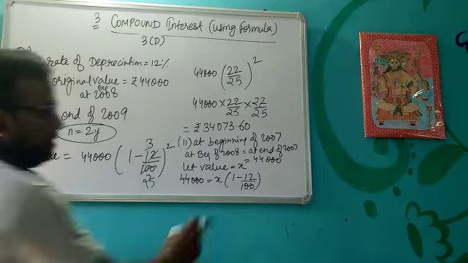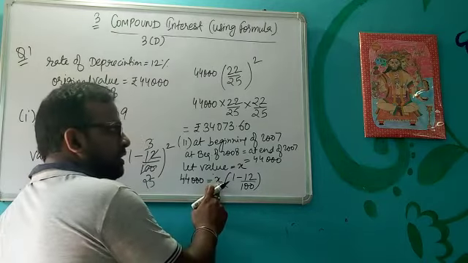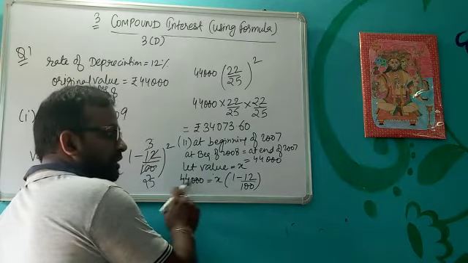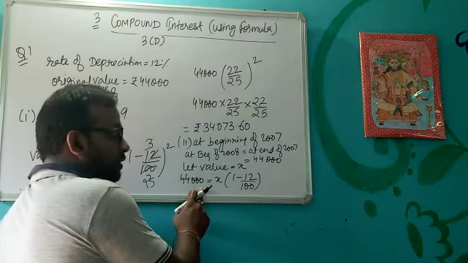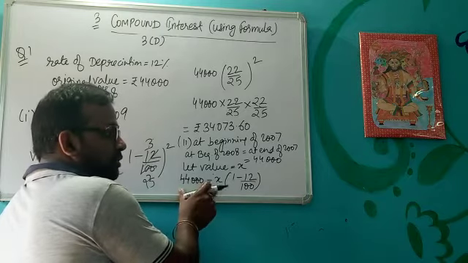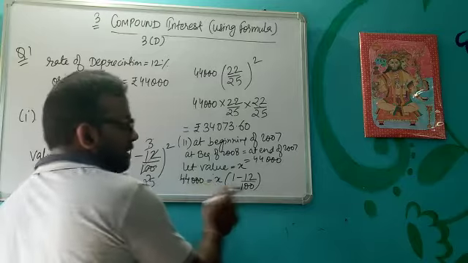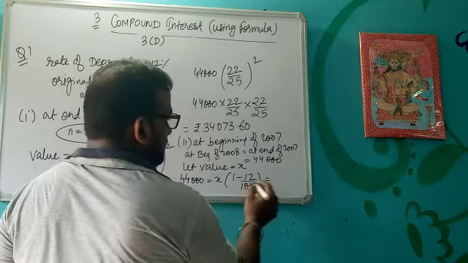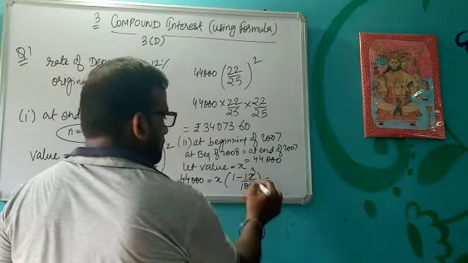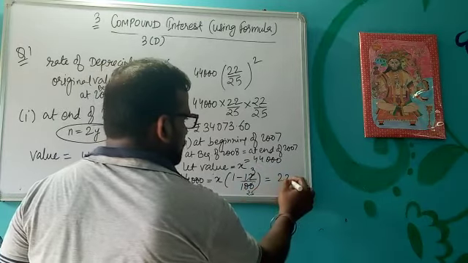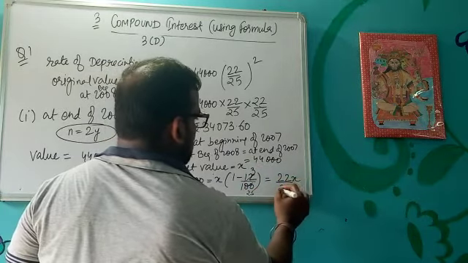So x is the value at the beginning of 2007, and it becomes the value at the beginning of 2008, so we take the whole 1 year. When we simplify it, we get 22x upon 25.